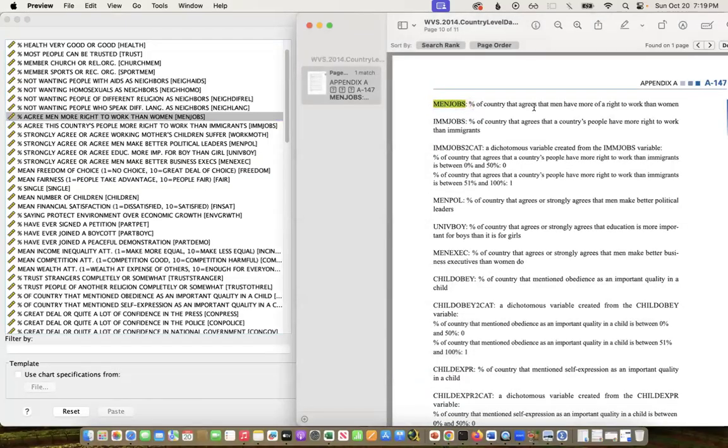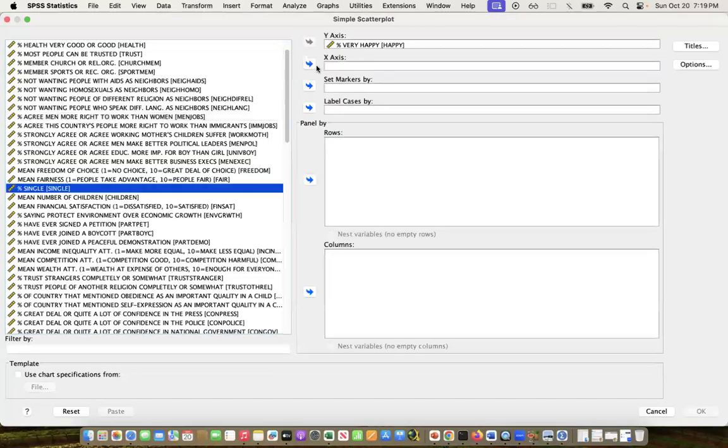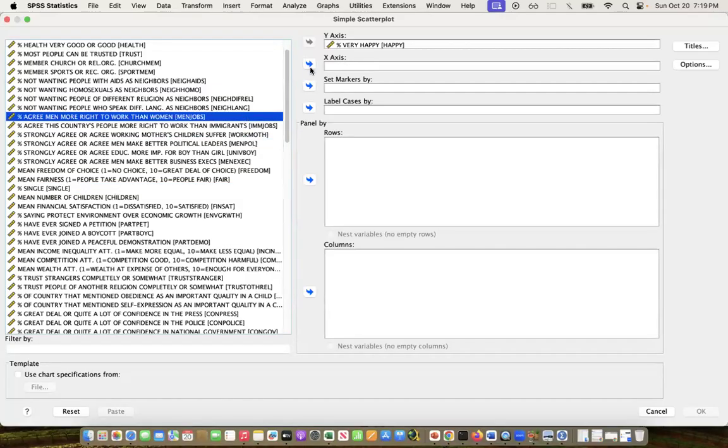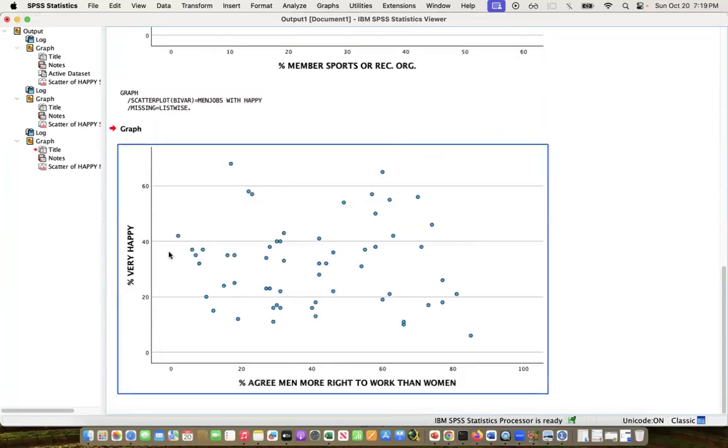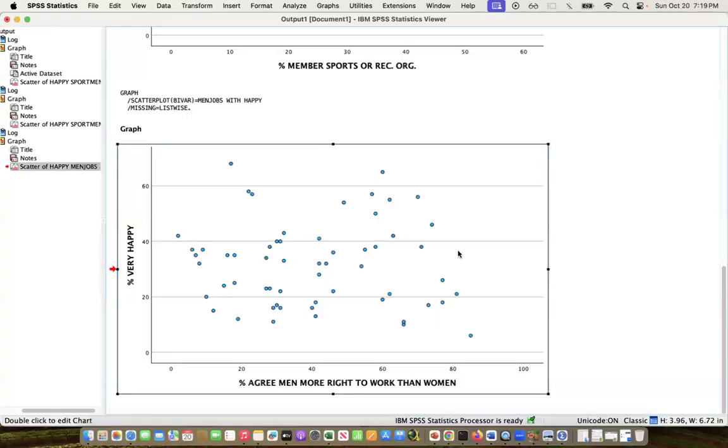So this is the percent of the country that agrees that men have more of a right to work than women. So you can see if I did that one, then as I'm going across, is it downward or is it kind of just no relationship? It's either no relationship, or a very weak negative relationship.